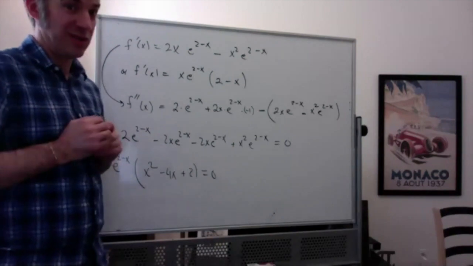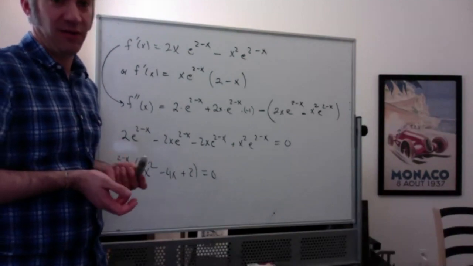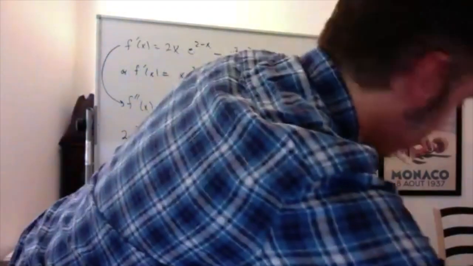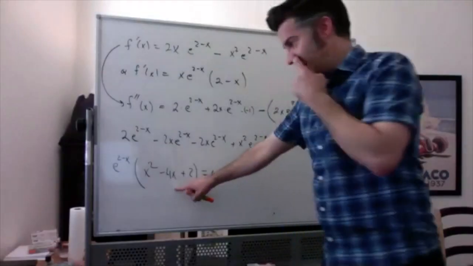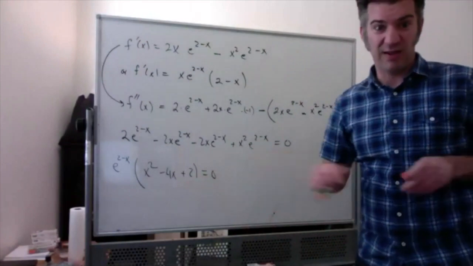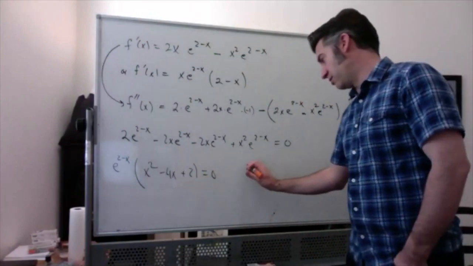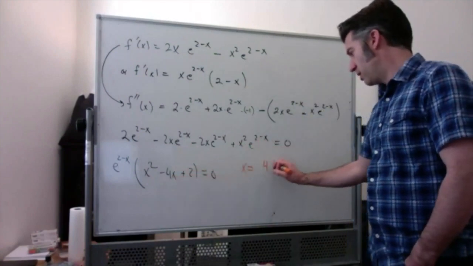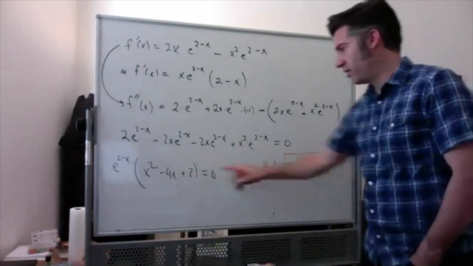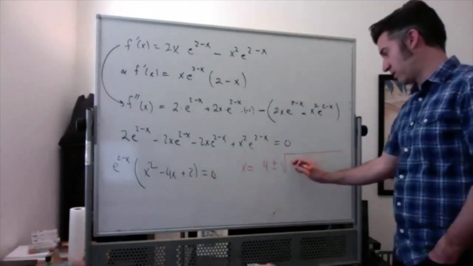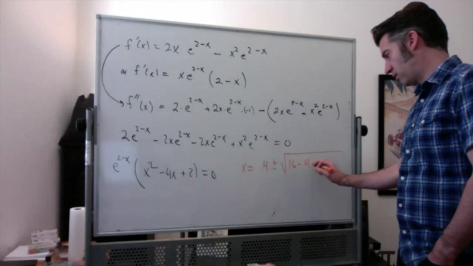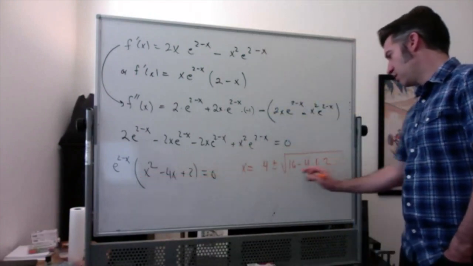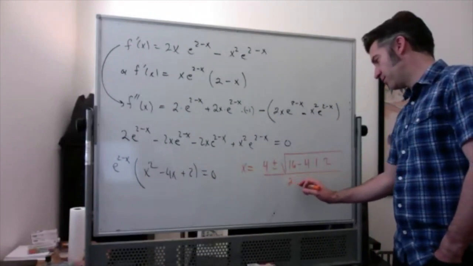So I have to use the quadratic formula to find my critical values of the second derivative here. Which isn't terrible, but it's really terrible. So we're going to set that equal to 0, but that doesn't factor. So my critical values are going to be x equal to negative b plus or minus the square root of b squared, so negative 4 squared is 16, minus 4 times a is 1 times c is 2, all over 2 times a.